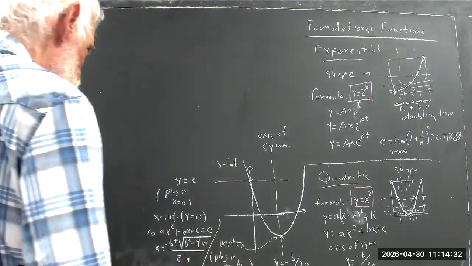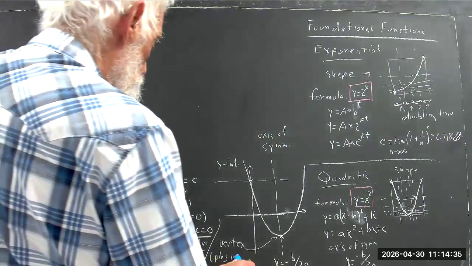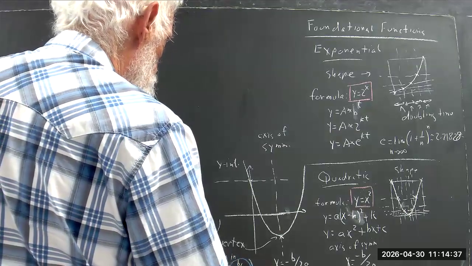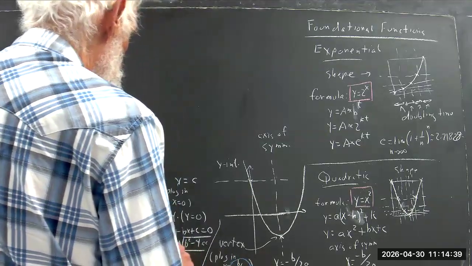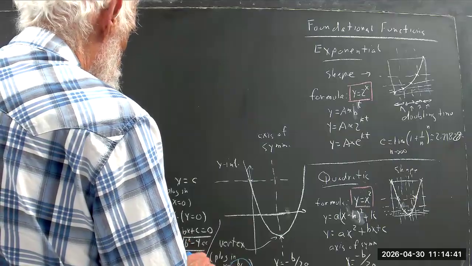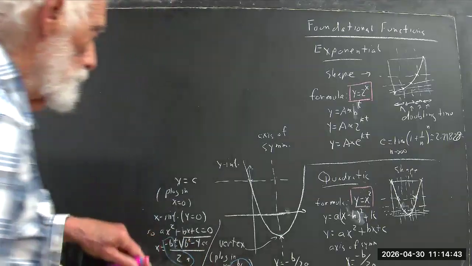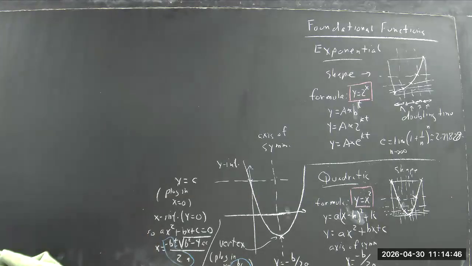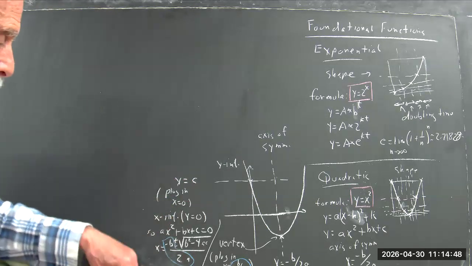You also notice that the negative b over 2a for your axis of symmetry occurs right here. I've explained at least a couple of times how that works.